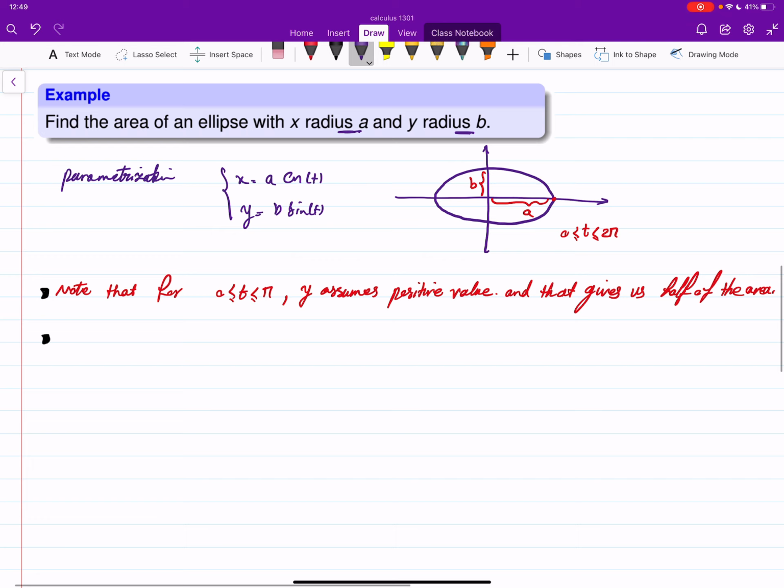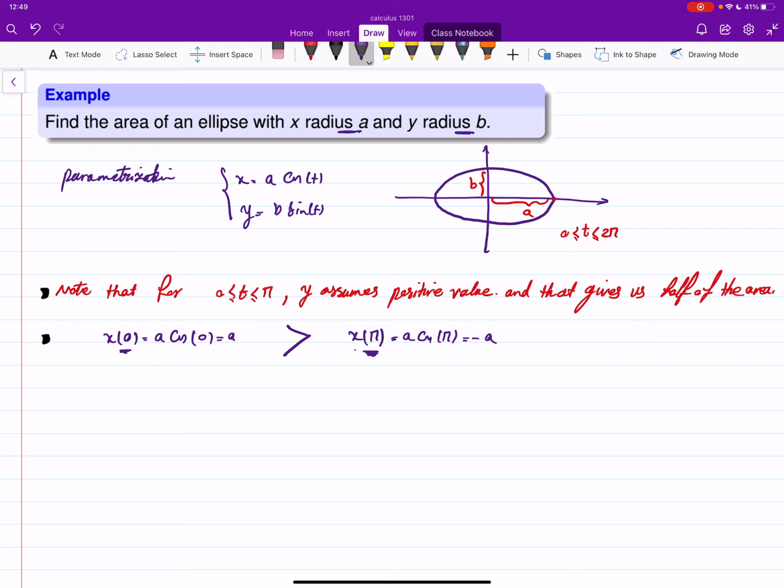But see, if I evaluate x at 0, it's going to be a cosine 0, which is a, and x evaluated at pi is going to be a cosine pi, which is negative a. And you see that x at pi gets a smaller value than x at 0.